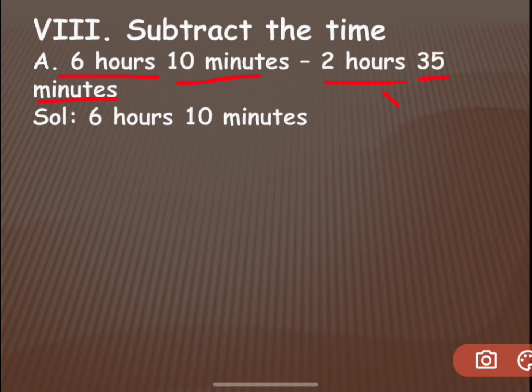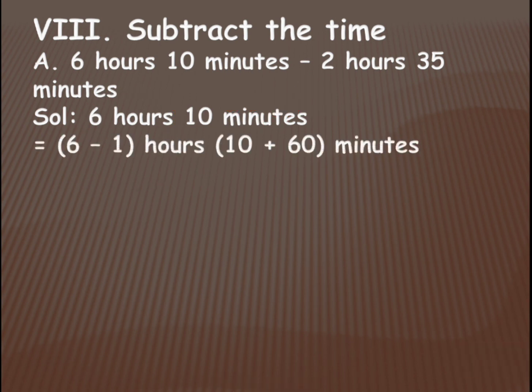No, right? So what we have to do is we have to take 6 hours 10 minutes, and from this 6 hours you will subtract 1 hour, and that 1 hour is nothing but 60 minutes. That 60 minutes you will add here. Okay, like this. 6 minus 1 hour, 10 plus 60 minutes.